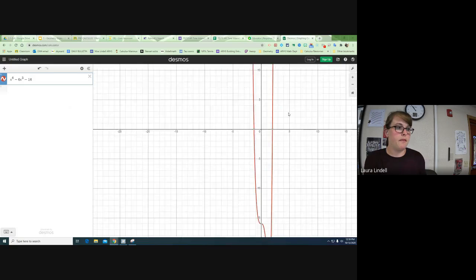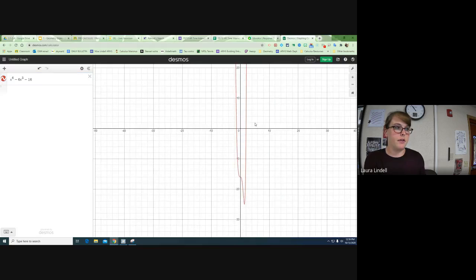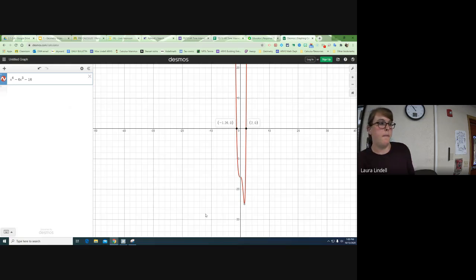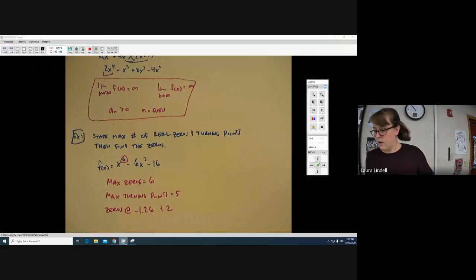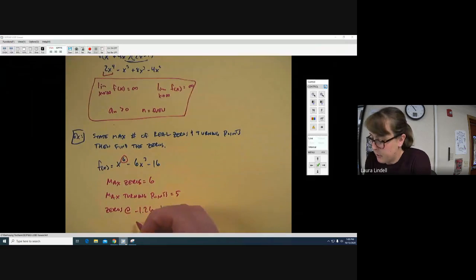And we can zoom out just to make sure there aren't any others that we can see, but there's not. Just these two. All right. So those would be our zeros there. And technically, you would want to say at x equals negative 1.26 and 2.